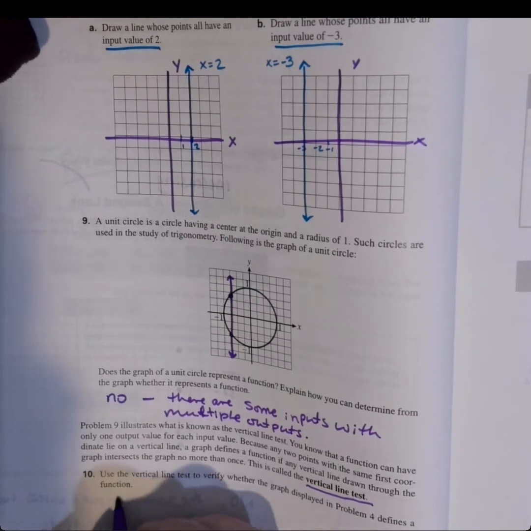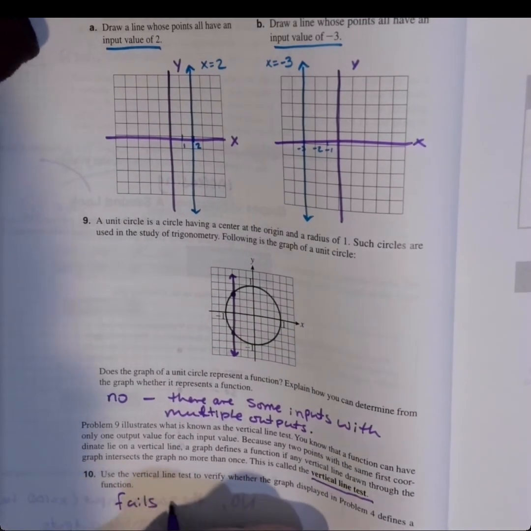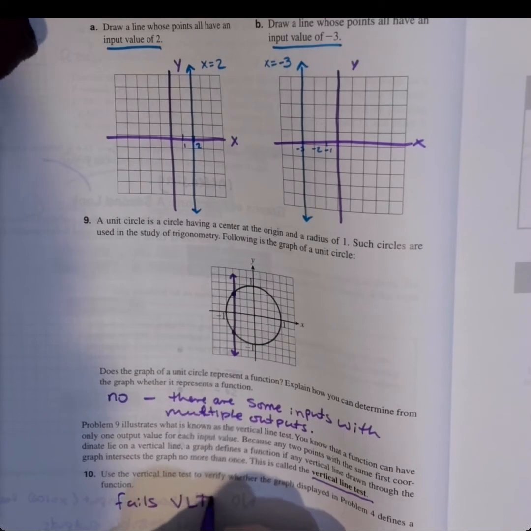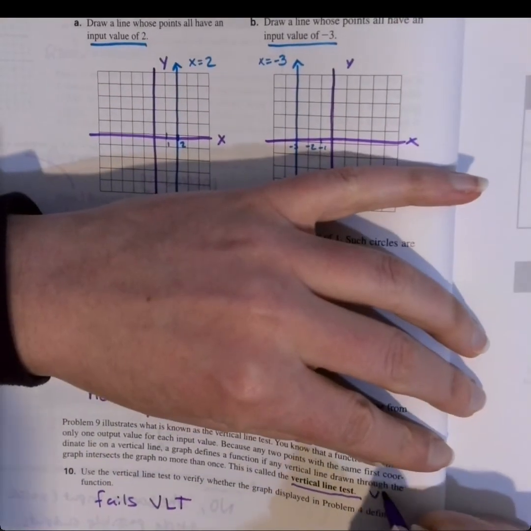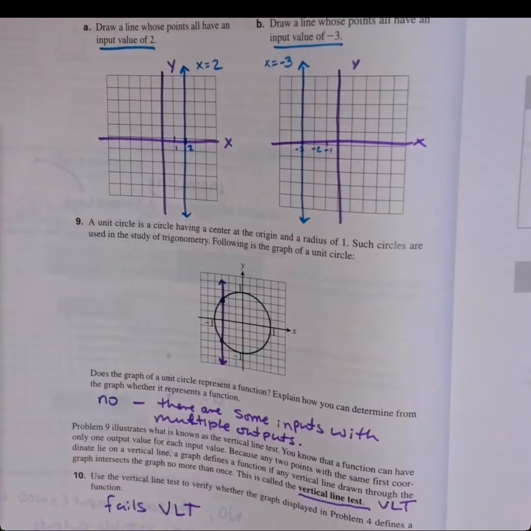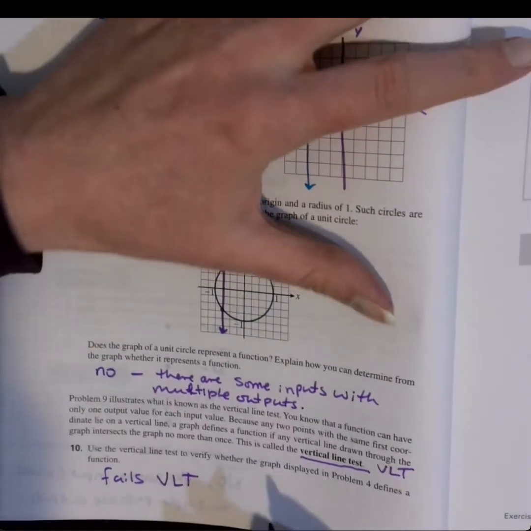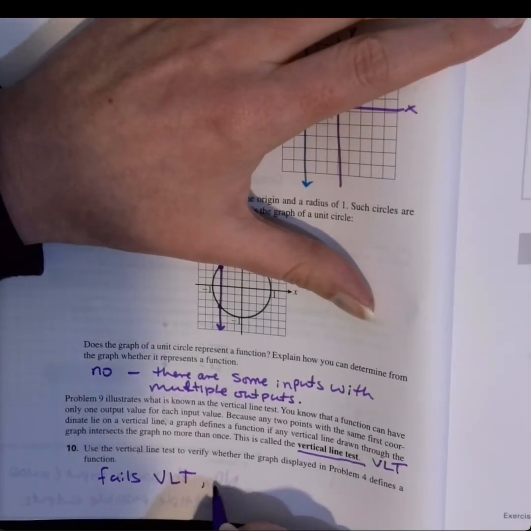Okay, so this one fails the VLT, which is the abbreviation for vertical line test, fails the vertical line test because the vertical line hits in more than one place.